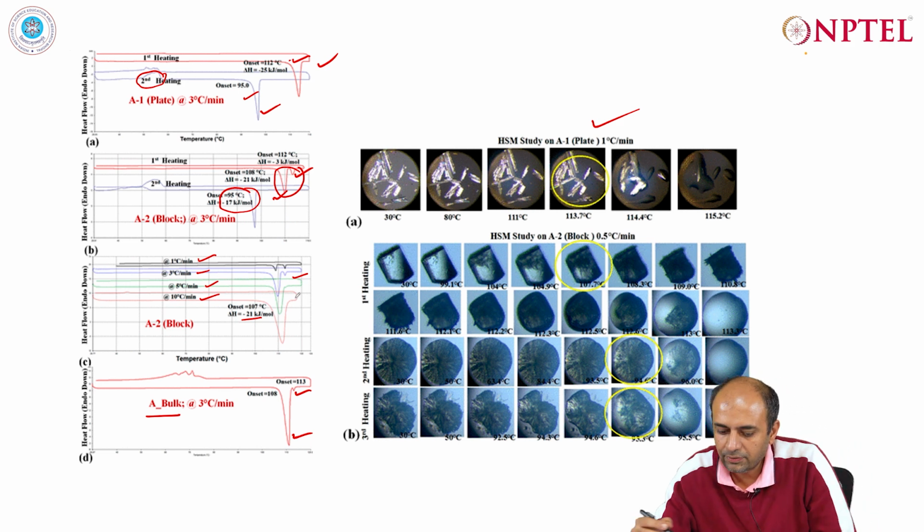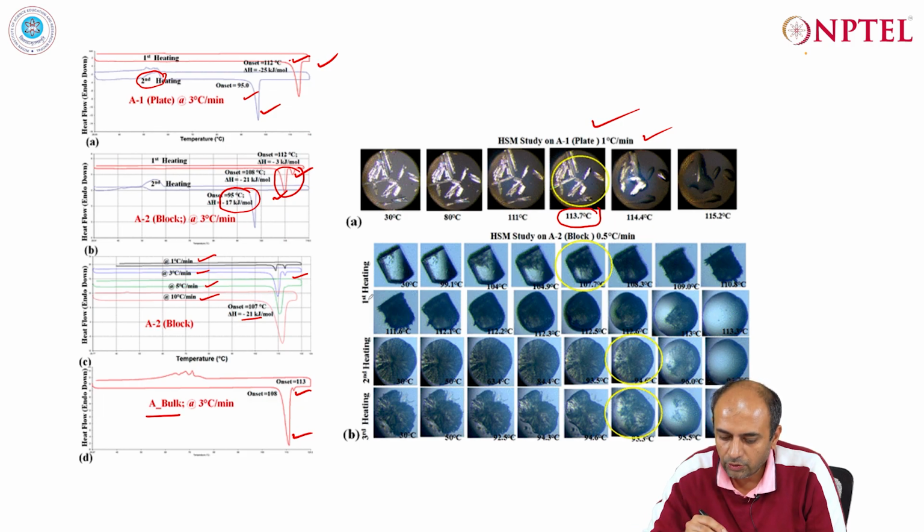Now, you can see these things very clearly in the hot stage microscope. When you start with the plate form and do it at a much lower scan rate, you will see that the plates melt at the characteristic 113.7 degrees centigrade, which corresponds to the melting point of the plate. Now, when you start with the block form, this is the first heating cycle. At around 108, you see that these crystals start getting opaque. They are transparent here.